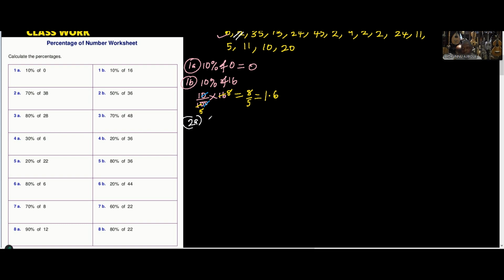2a says 70% of 38. We're finding 70%. Like I explained before, percentage simply means portion of something. So if it is not 100%, then it is not the total. If it's 100%, that means it is the total. If your money is $50, and I ask what is 100% of your money, then it is $50, the total.